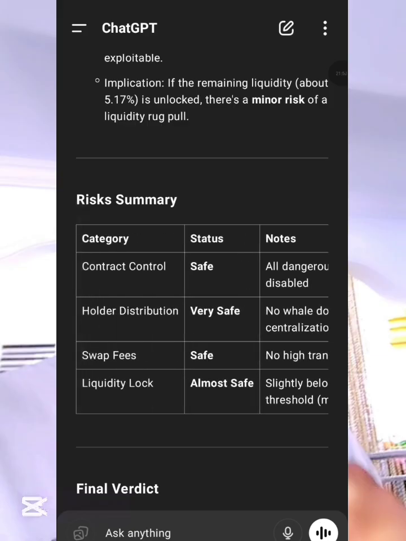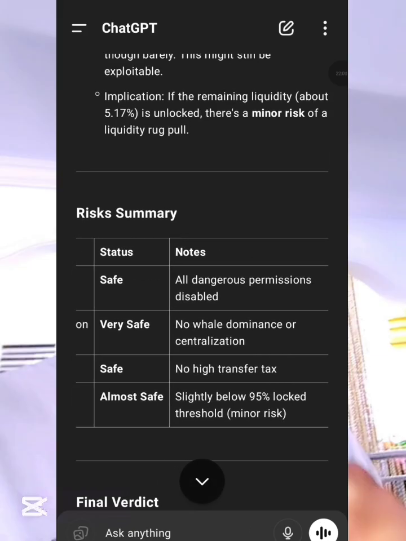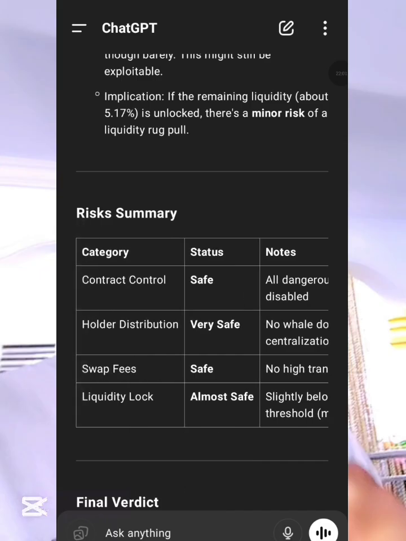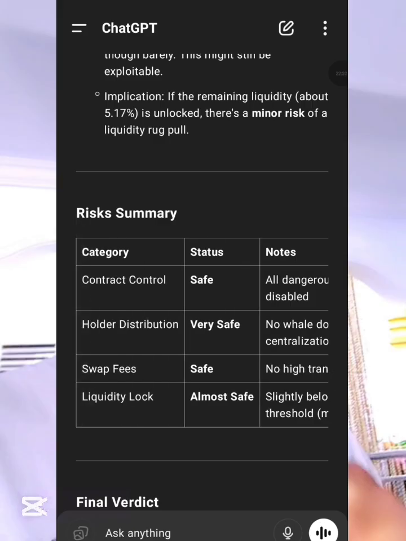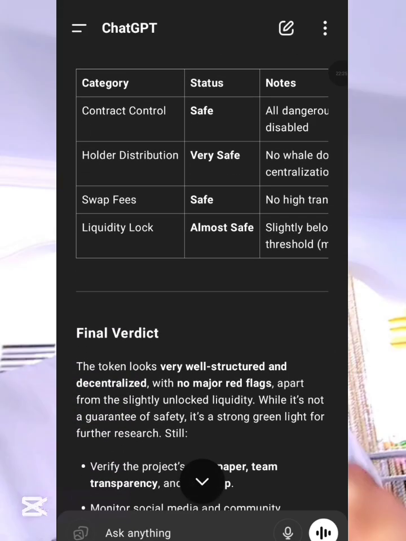Swap fee is also safe, no high transfer tax. Liquidity locked is almost safe, slightly below 95% locked, at 94.88%. So it's actually almost safe. When something scores 94%, it's okay. Even if they want to rug pull, they are going to rug pull like 5% or thereabouts.